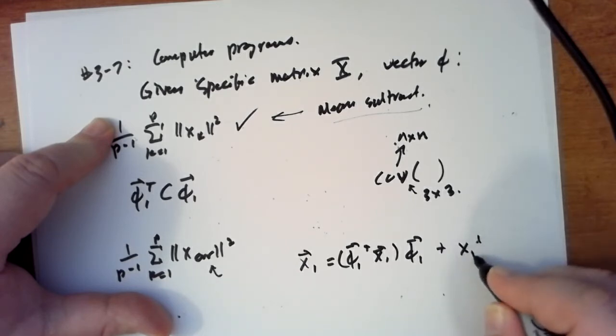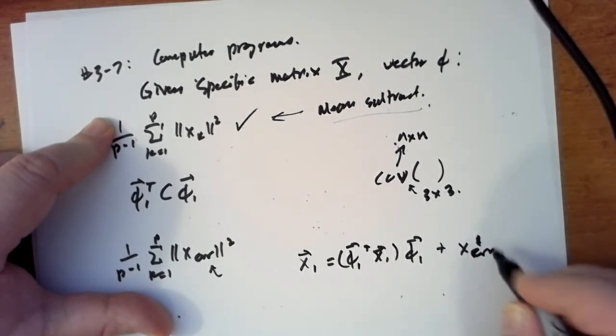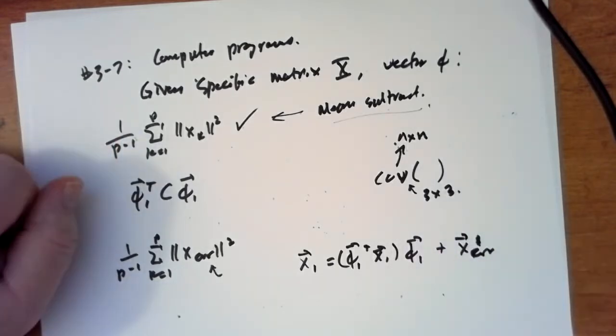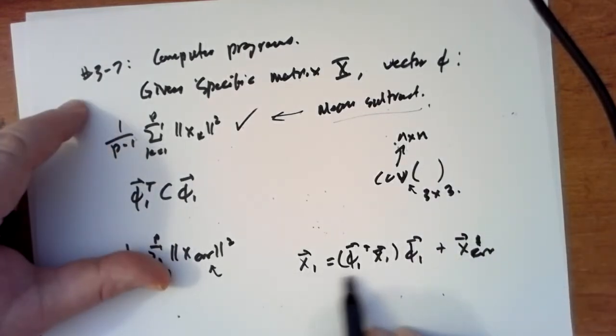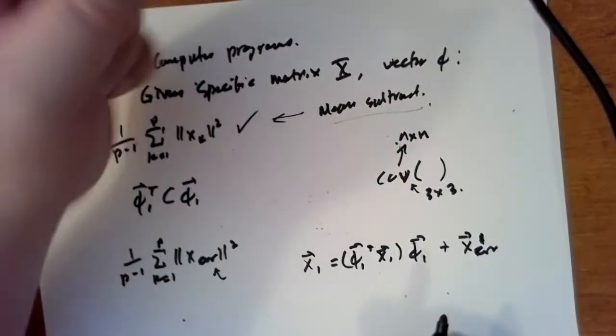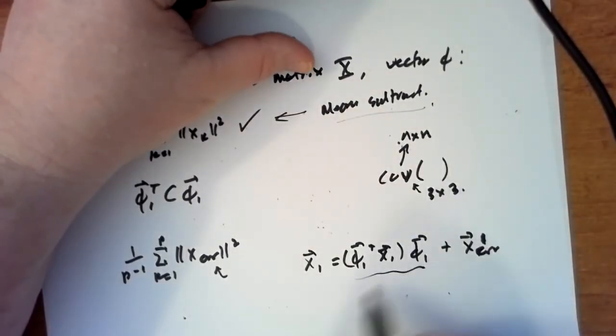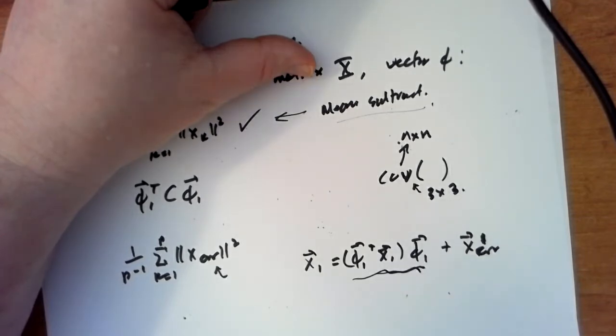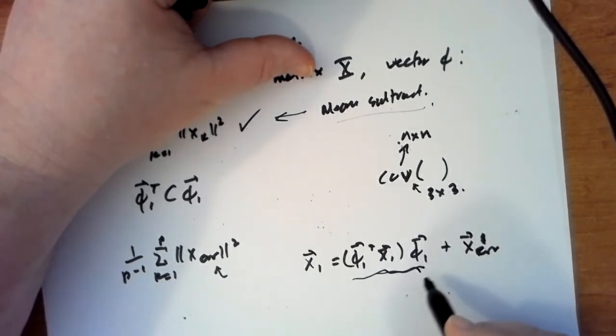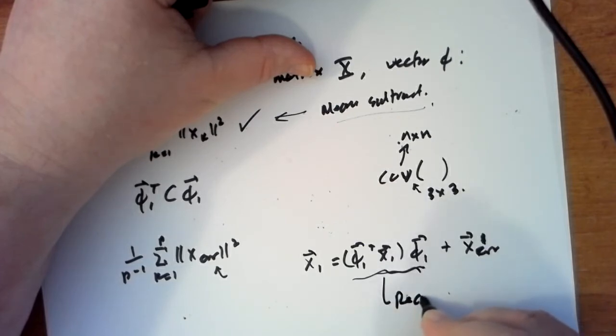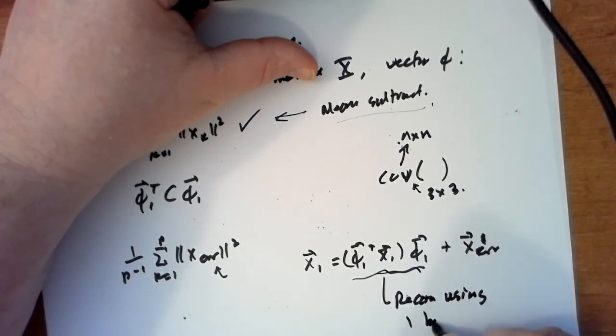Do I have that one on top for the error? Yeah, so x1 error is going to be x1 minus that. Okay, and so how am I going to compute this? This is also the reconstruction using one basis vector.